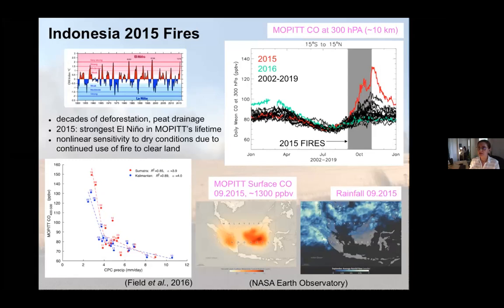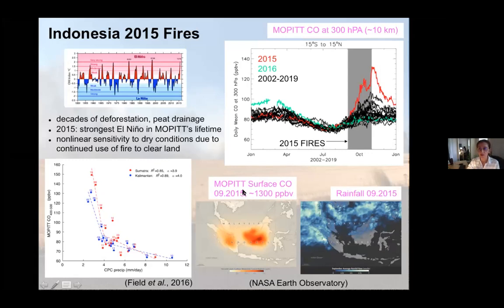So is it that there was so much CO that there was not enough OH to consume it, or were there other species emitted in the fire that resulted in extra CO, or maybe CO from other fires? It's an open question.